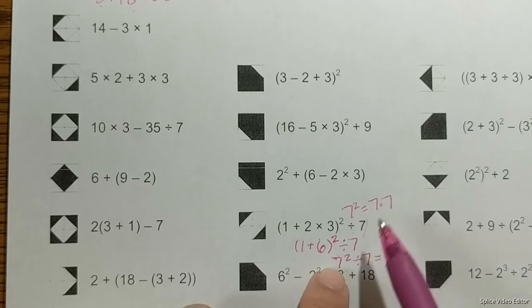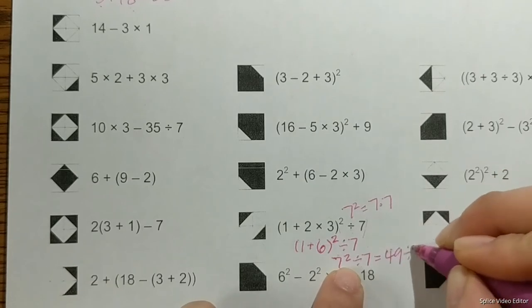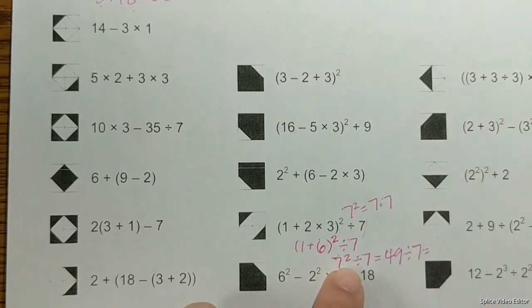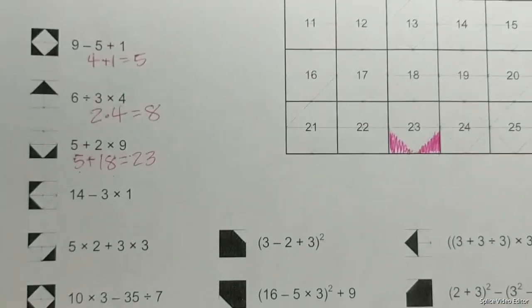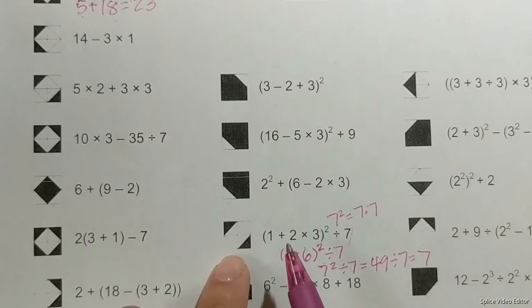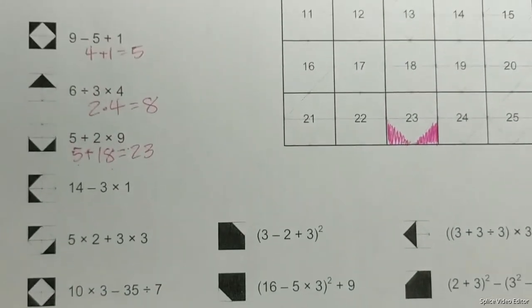So that's 49, and then divide that by 7. So 49 divided by 7, that equals 7. Okay, so hopefully that made some sense. If not, if you still need help, please just raise your hand, and I will be more than happy to help you. So we're going to go back up to 7 and shade that in.